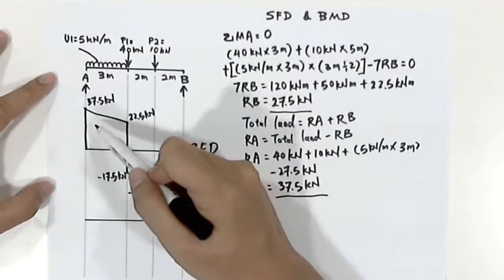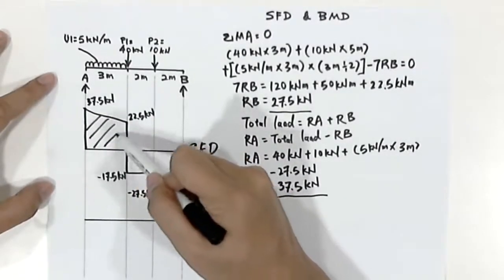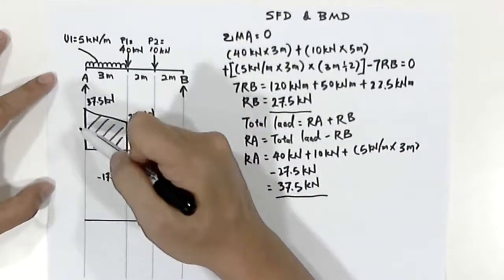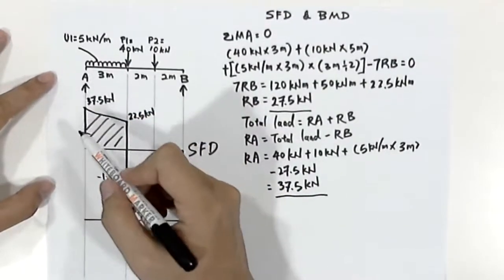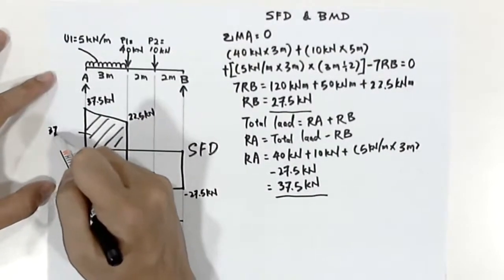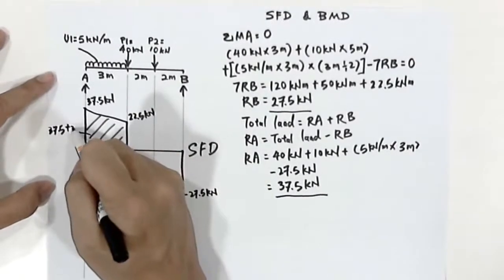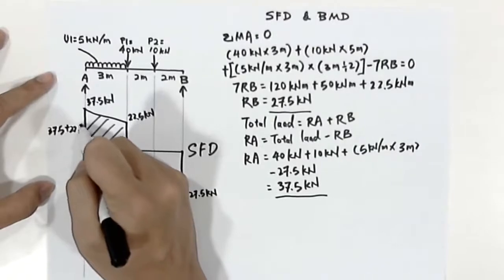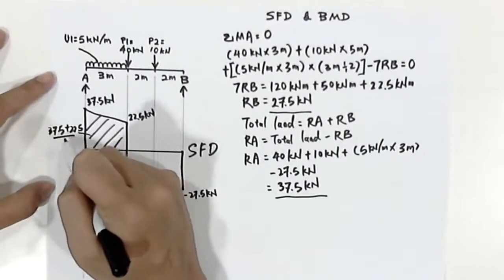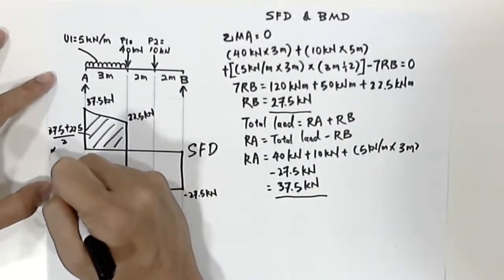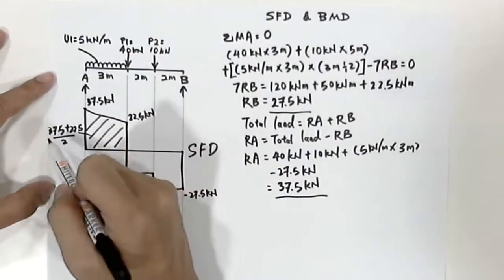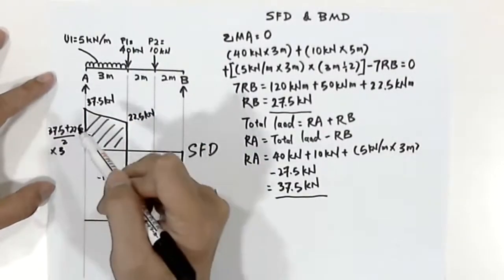So let us try to calculate the area for this zone, which is 37.5 plus 22.5 divide by 2, then times the span 3.